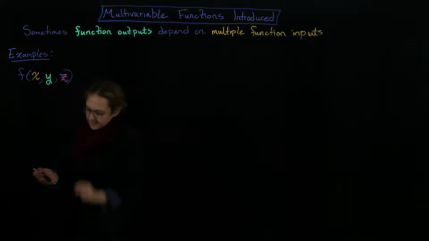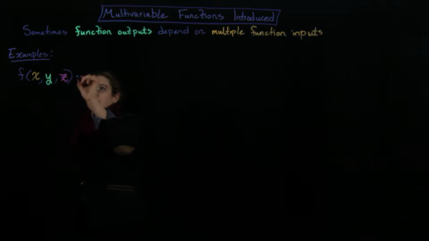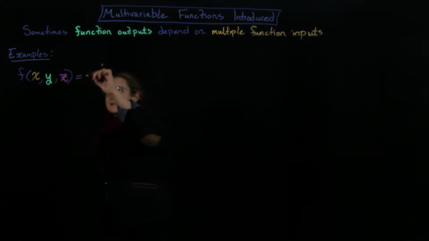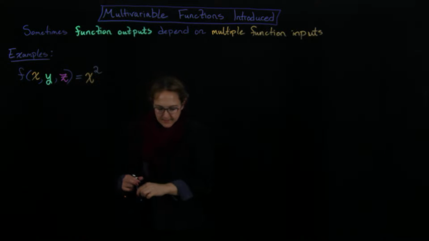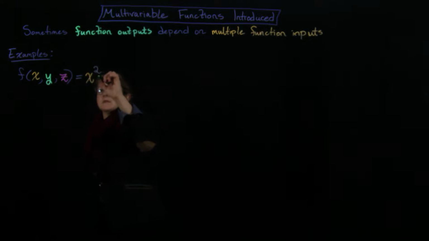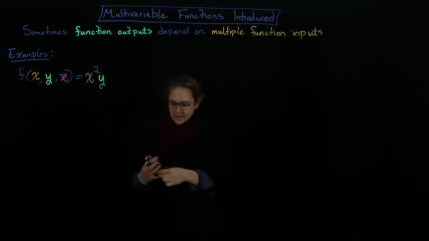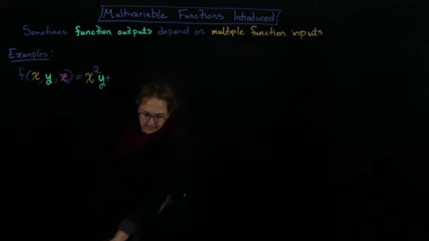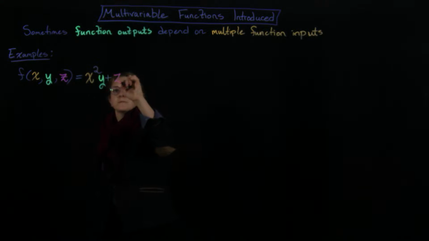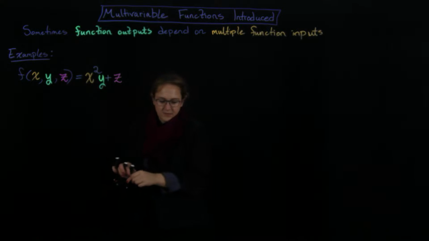Let's say my function is defined to equal: I'm going to take that x and square it, then take my y and multiply that x squared by it, and then add z multiplied by cosine of y.